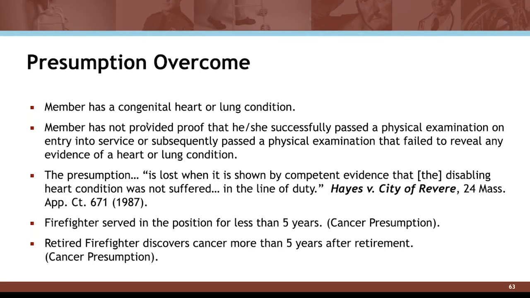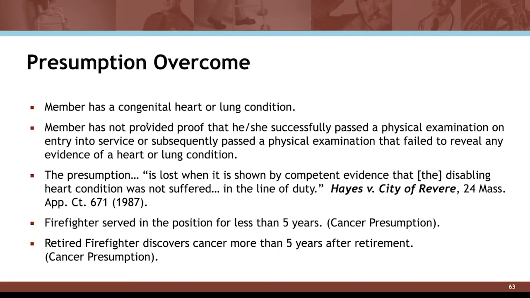The last 2 bullet points concern the cancer presumption. Okay. Sometimes the presumption can be overcome if the firefighter served in the position for less than 5 years. Okay? The statute requires that the firefighter have served at least 5 years in order to be eligible for the cancer presumption. In addition, it can be overcome if a retired firefighter discovers the cancer more than 5 years after their retirement.